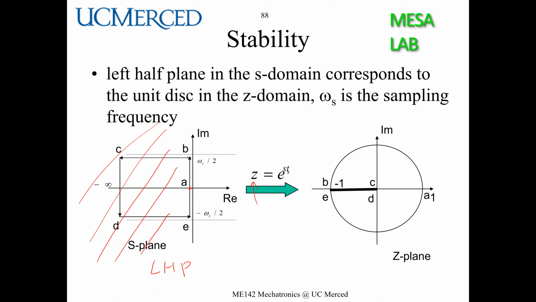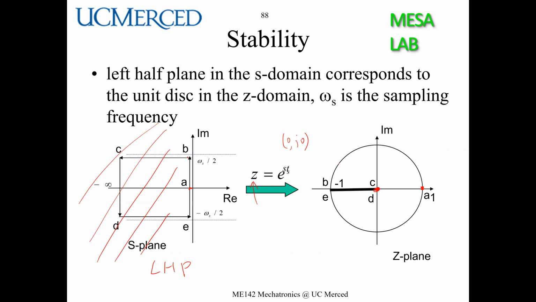This is my A. When s is 0, then z is 1. When s is minus infinity, at C and D, z goes to 0.